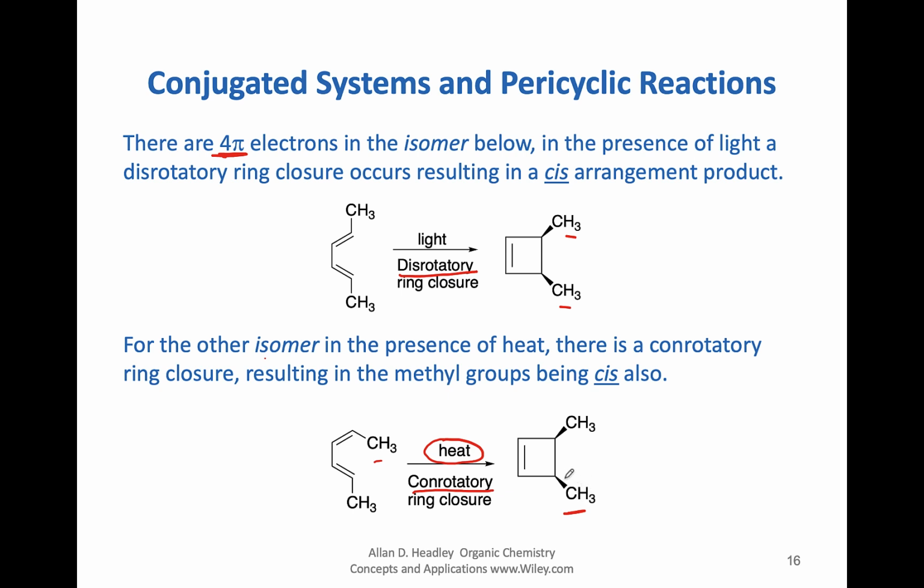So you'll have to exercise extreme care in analyzing the isomer of the polyene, in this case a diene, and the type of ring closure based on the energy supplied. And that will give you your product.